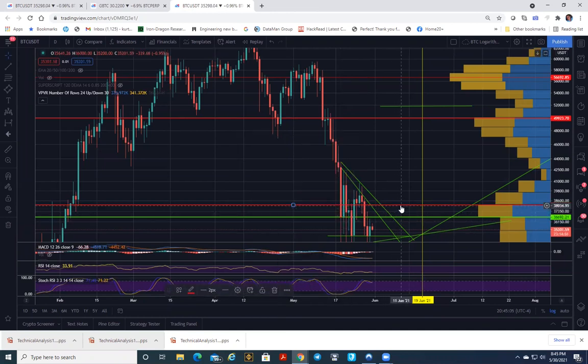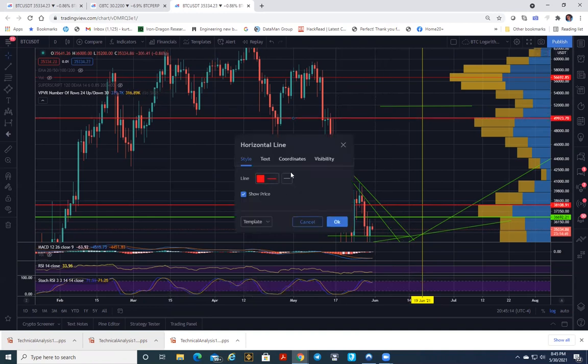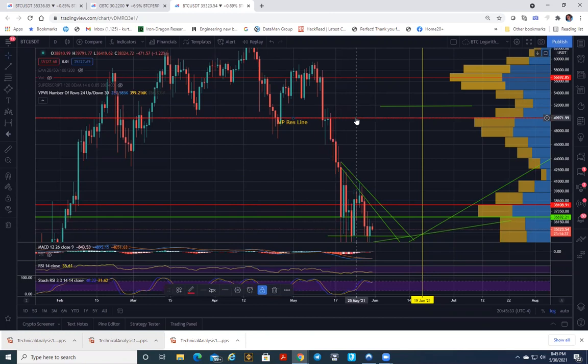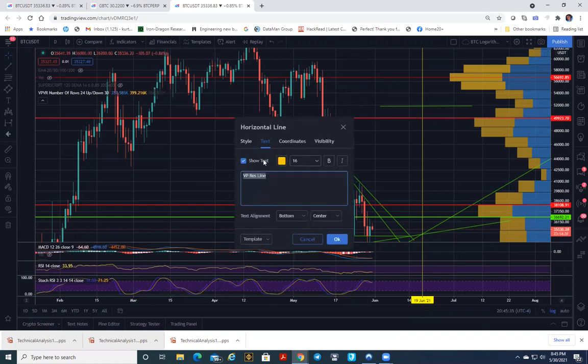So I'm locking these in place, and it's really smart to just write yourself a little note on it. You know, this is volume profile, resistance. And just, you know, kind of make a note. Then you can click back on it.